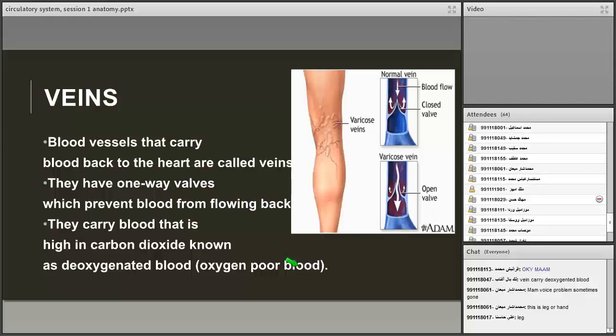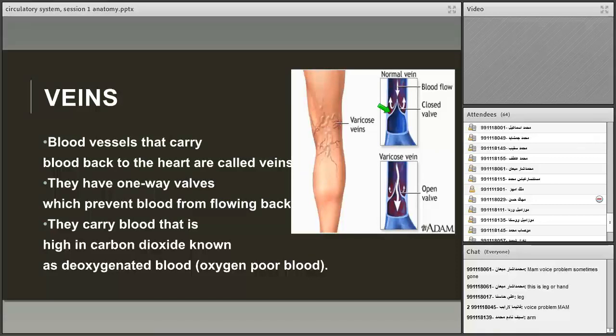And also, when the blood wants to come back to the heart, it has to flow against the direction of gravity in veins. So, there have to be some valves to prevent the blood from flowing backward. These are a kind of valves. If these valves function in a normal way, it would be okay.